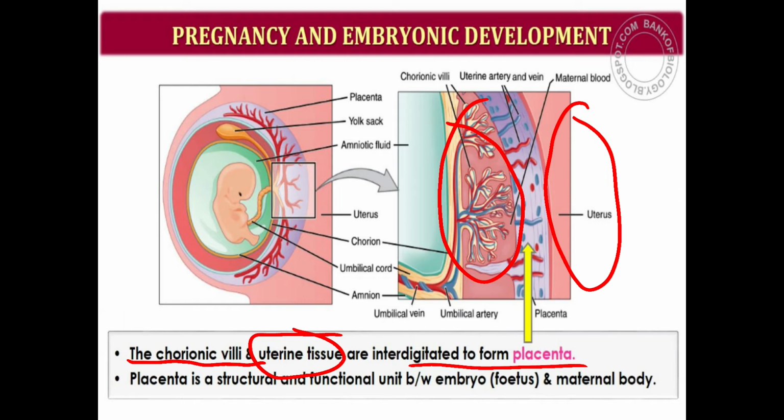Both this maternal tissue and chorionic villi get interlocked and form a physical and physiological connection called the placenta. So the placenta is the structural and functional unit between the embryo, that is the fetus, and the maternal body. It is a very important definition.